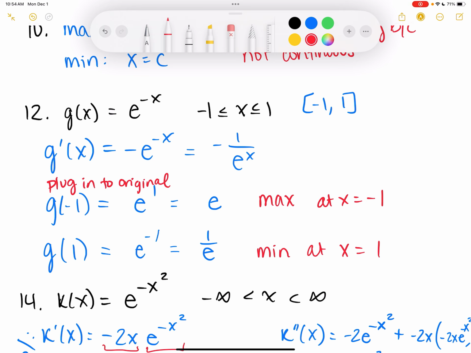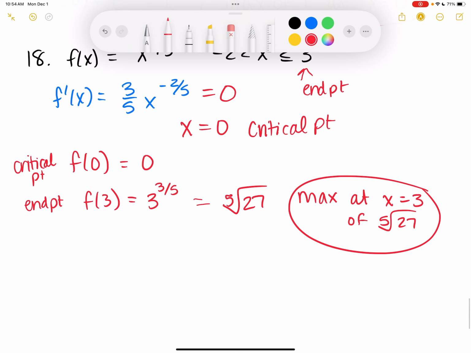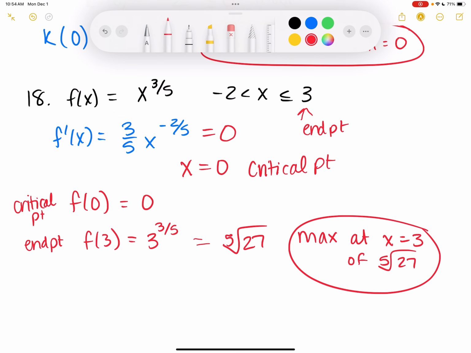F of 0 was actually equal to this, but it can be less than or equal to or greater than or equal to on these ones, and so that's what made this a min. And then down here, choosing a point in there, pretty much any point you want, but if I put 0, then I get 1, which is less than this value, and so then that has to be a max.